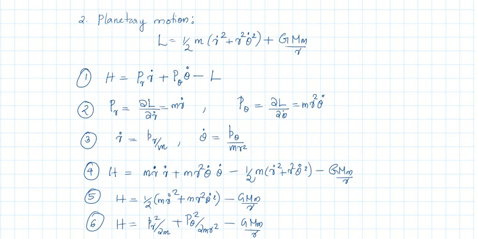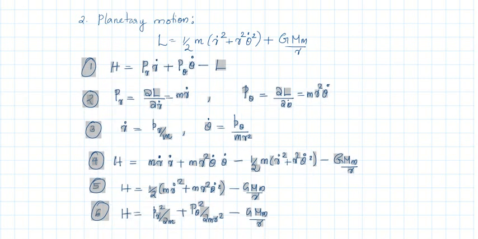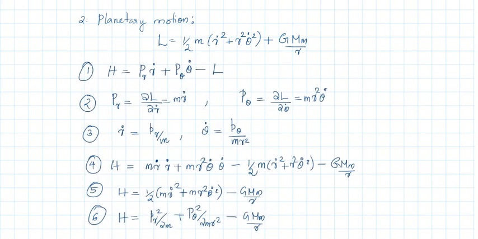So this is the way to write Hamiltonian from Lagrangian. For any system, you can follow this procedure to write Hamiltonian. I hope it is clear.